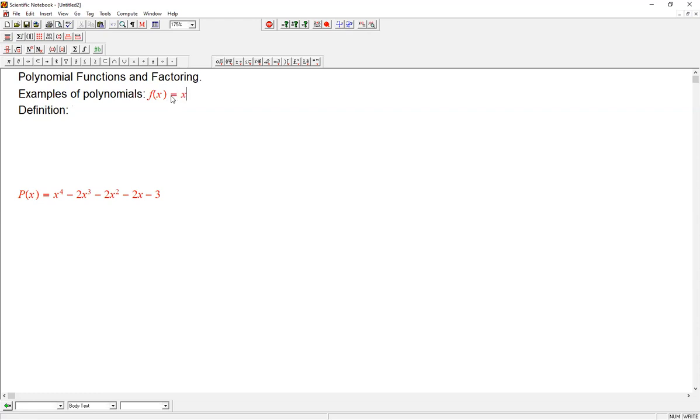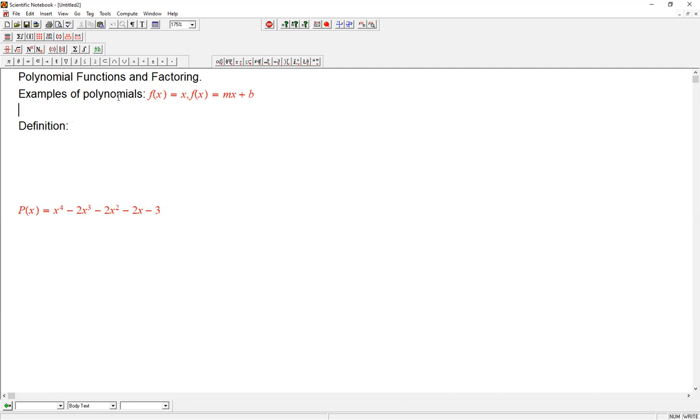That's a polynomial. And similar examples would be f of x equals mx plus b, which is a linear polynomial. And f of x equals x is one of its simplest forms.